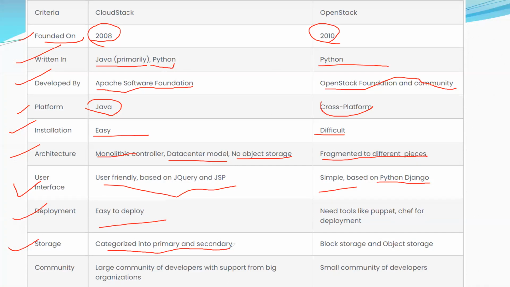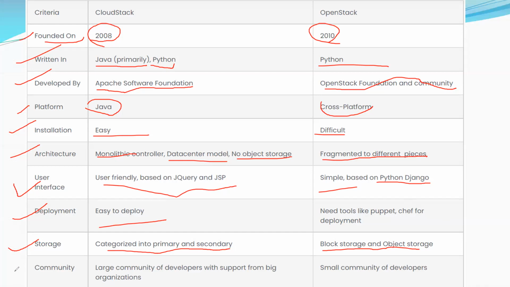We have seen how you are going to save your data on the cloud. It is primary and secondary, whereas in OpenStack we are storing the data using block storage and object storage mechanisms.